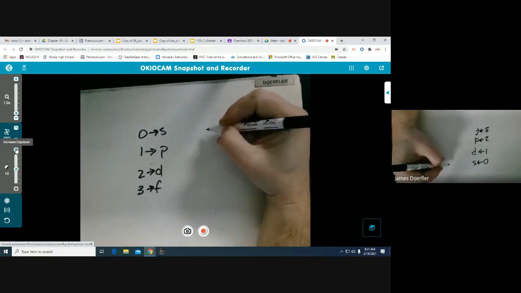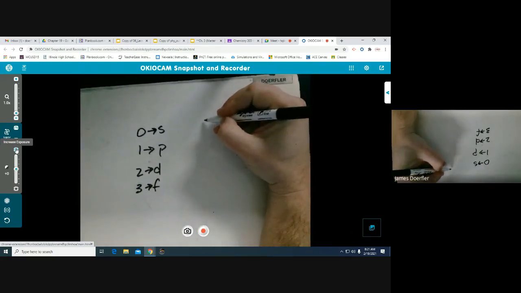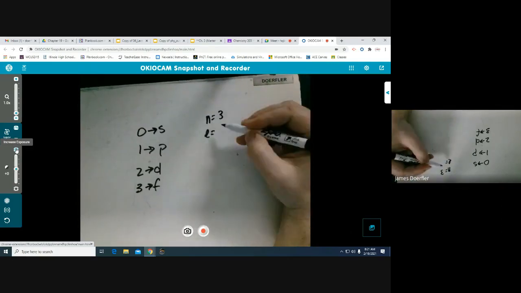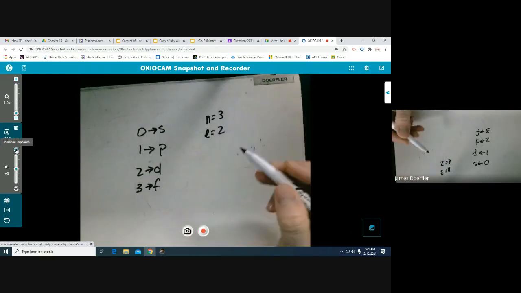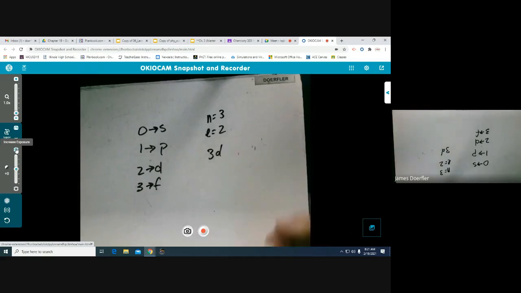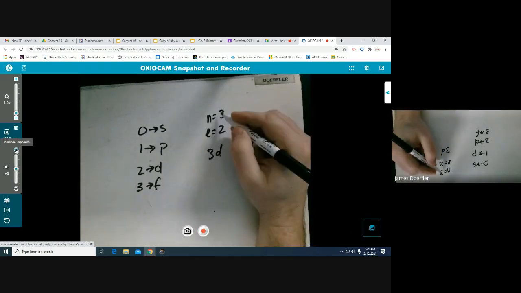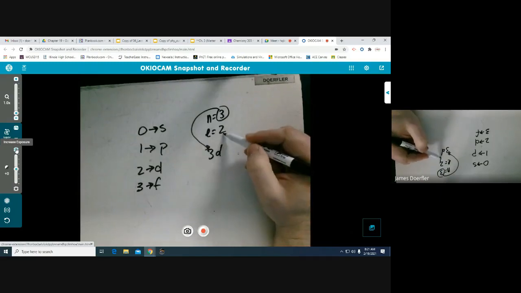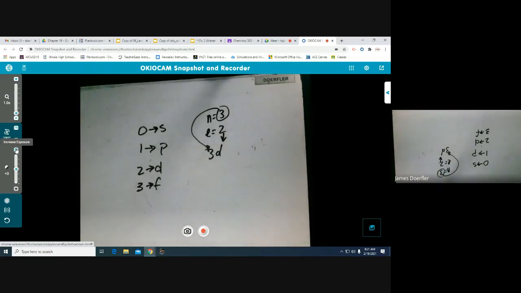How would you, what designation would you get if you have n equals 3, L equals 2? 3D. Again, because whenever you do the designation, you put the n value first, and you put the letter that represents the L value right after that.